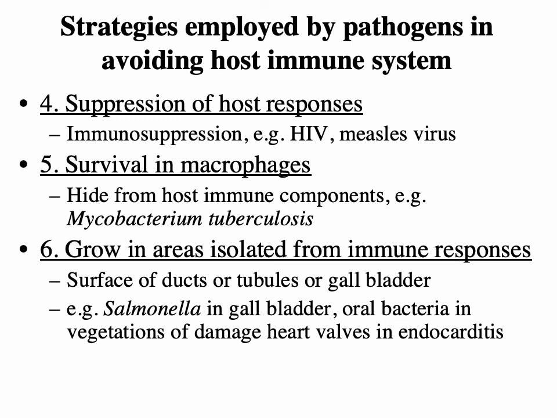For example, the surface of ducts and tubules or the gallbladder. Those locations and structures have a much lower presence of immune components. So if they stay in those places, the gallbladder, tubules, ducts, and so on, they are not exposed to the immune components.